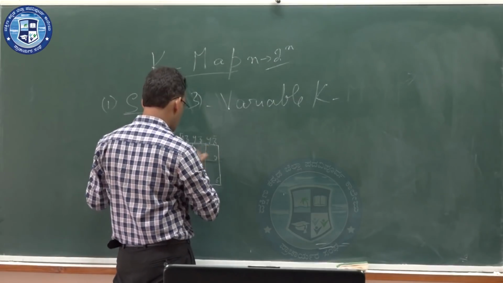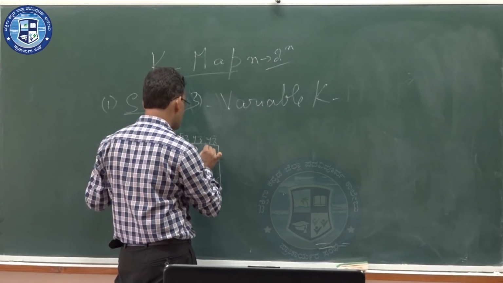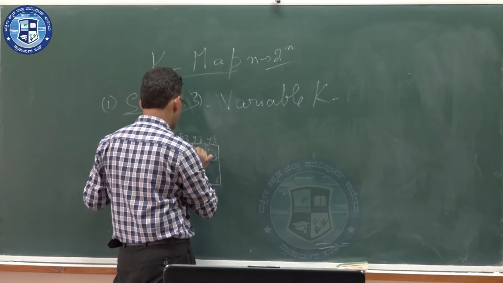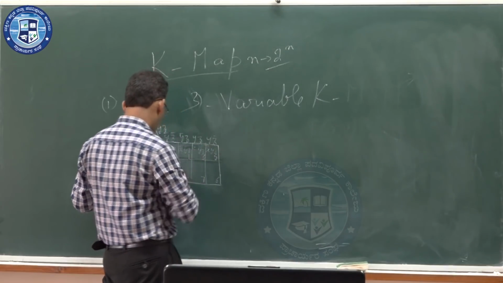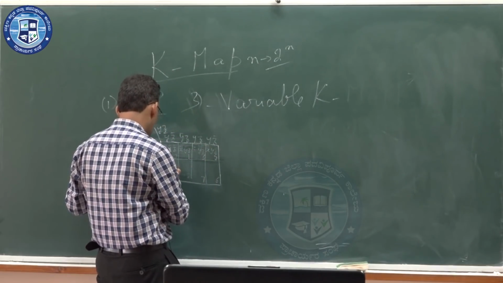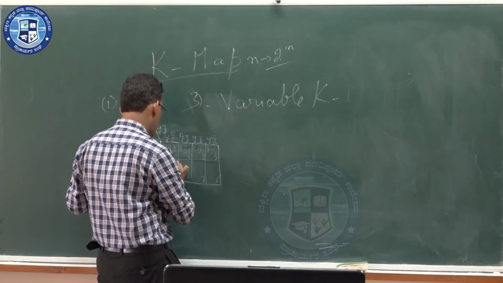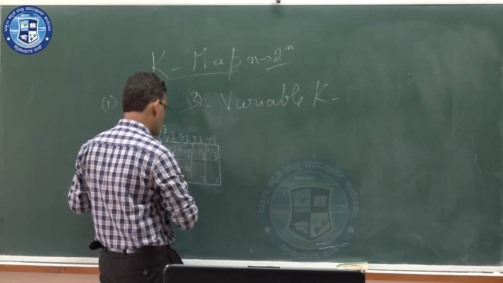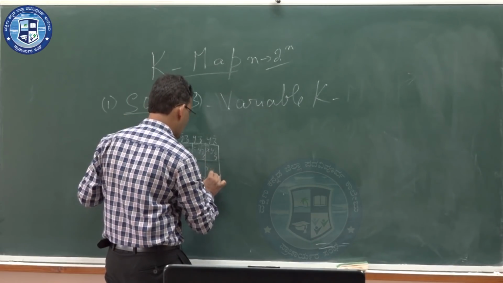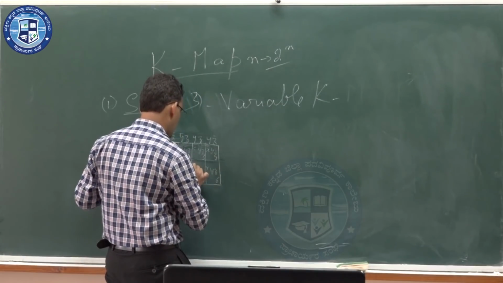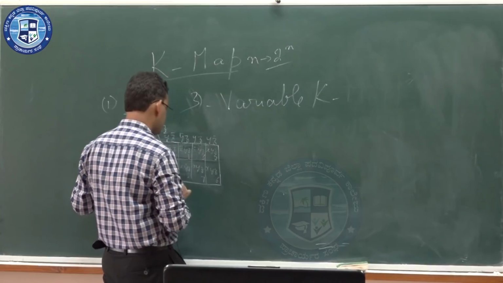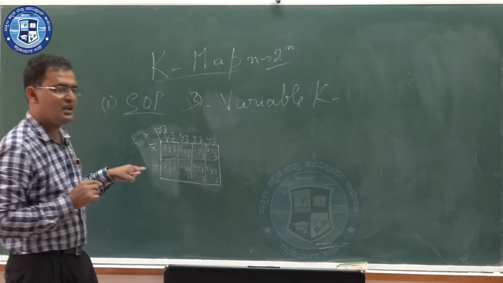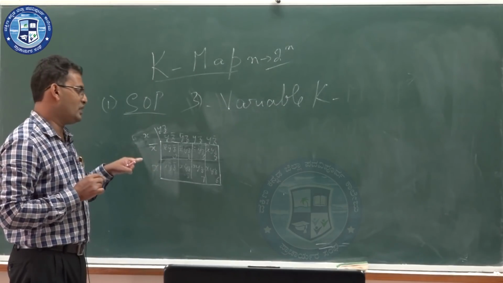I go to the last square in the first row, that is x bar y z bar, x bar y z. Coming to the fourth, x y bar z bar, x y bar z. The last square, x y z bar, x y z. 0 1 2 3 4 5 6 7. So, this is a general K map for a 3 variable.